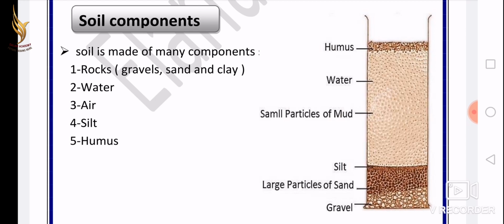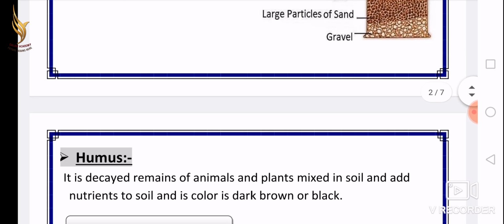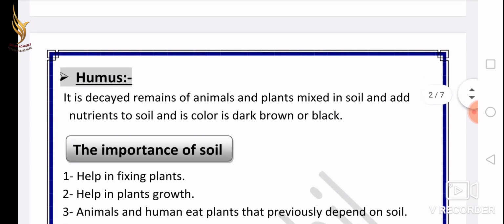So, soil components or soil composition consist of gravel, sand, silt, mud or clay, water and humus. Okay? And we know what's meant by humus.